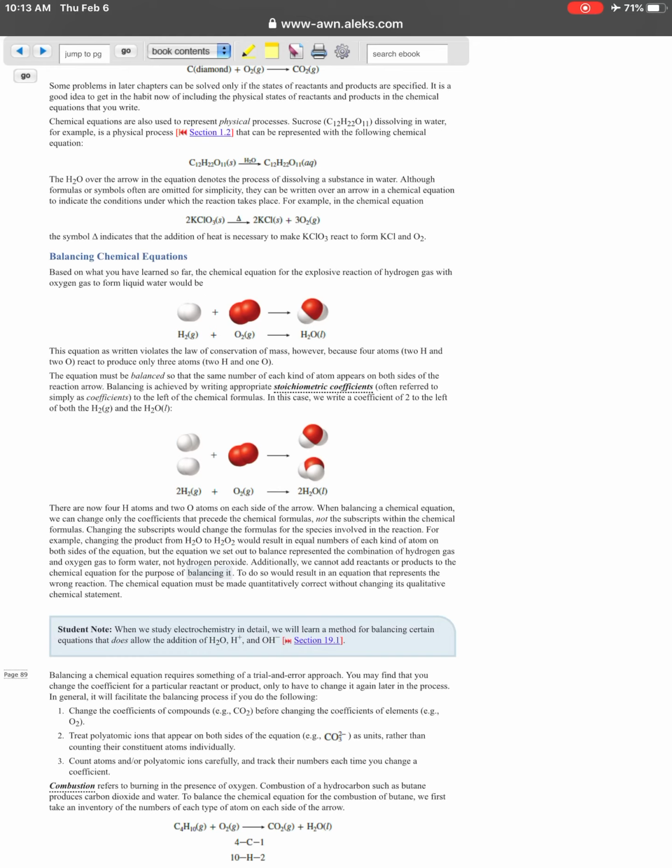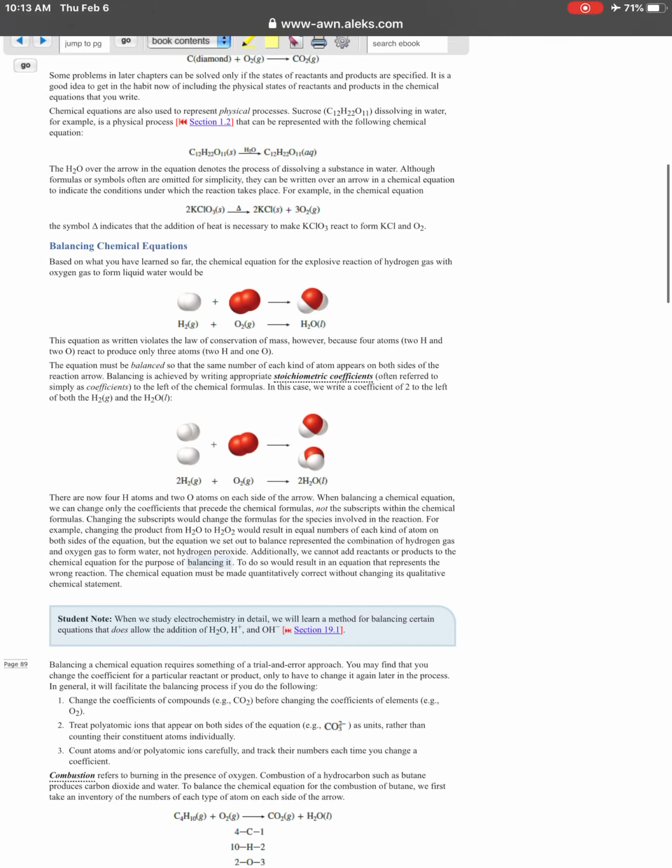And because you have 2 waters, that means we're going to need 2 hydrogens to ensure that it's balanced.